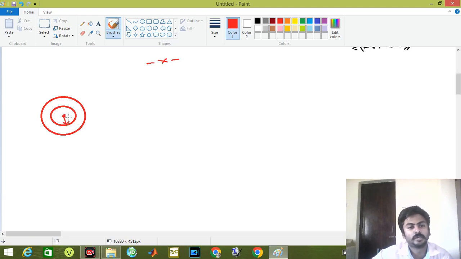This is one radius and this is another radius. Let it be r1 and r2. The long radius is r2, the small radius is r1.